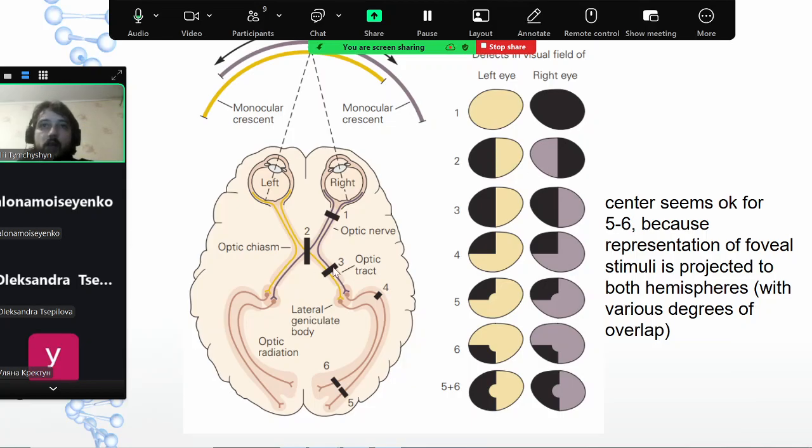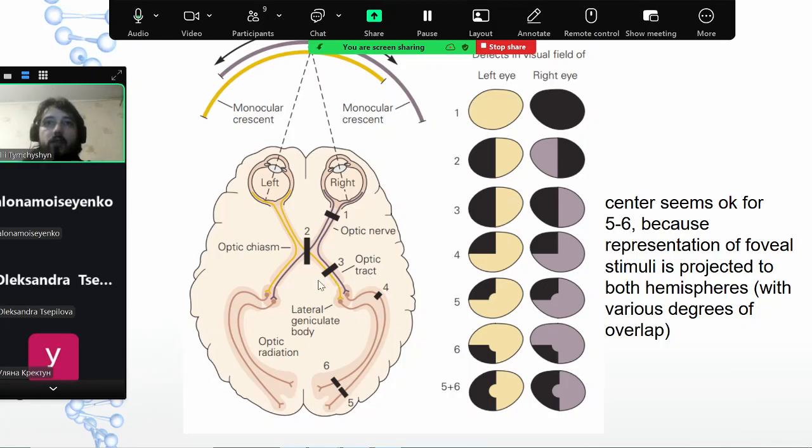And whenever the optic tract is damaged, once again some parts are missing, but the picture is a little bit different. Here you have one part of the field, so for example the left part of the visual field, and if this is damaged, that part just goes away. And you see that in the image.